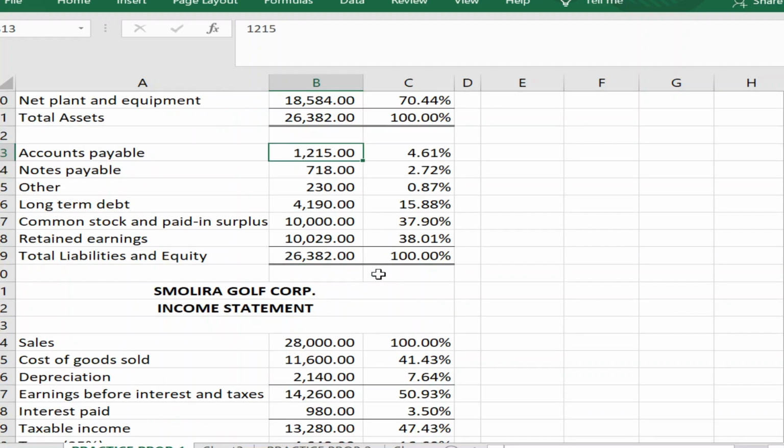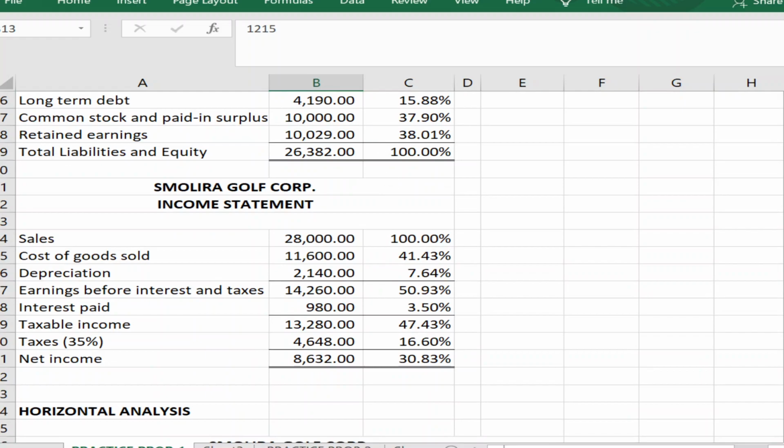Okay, for the income statement, we will follow the same procedure. However, our sales will be our 100%, or our base. So to get this ratio, we need to divide 11,600 by 28,000, and you will get 41.43%.